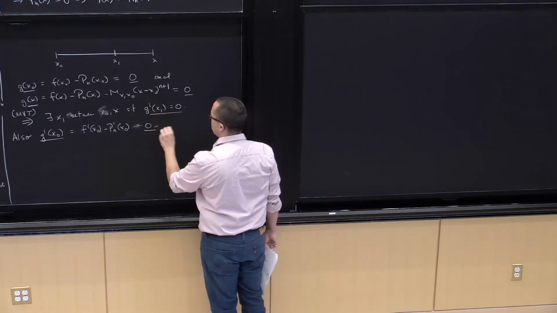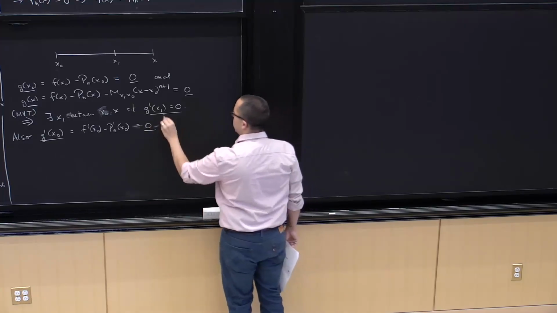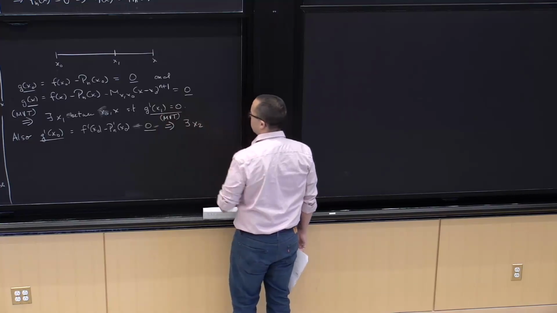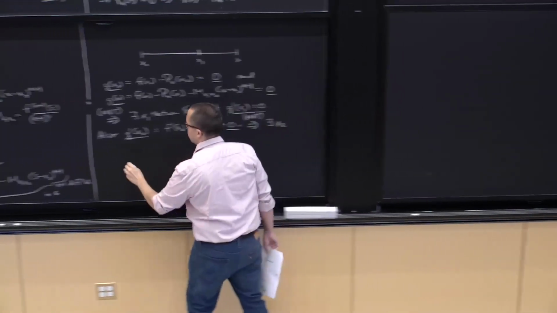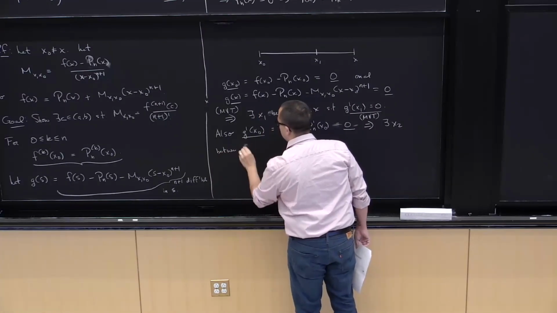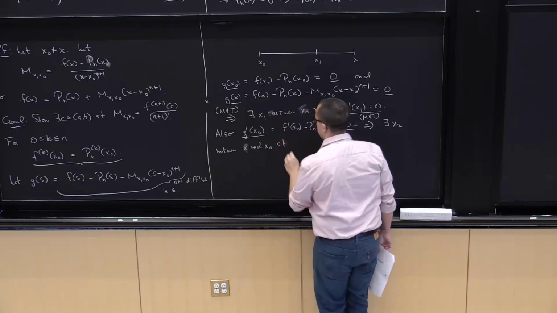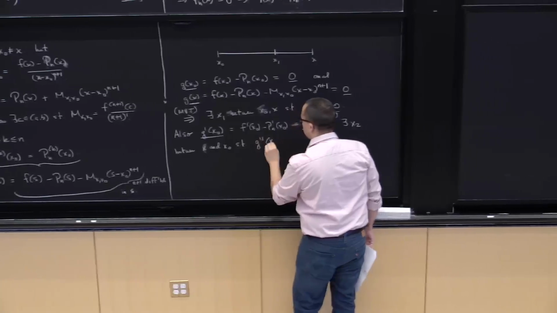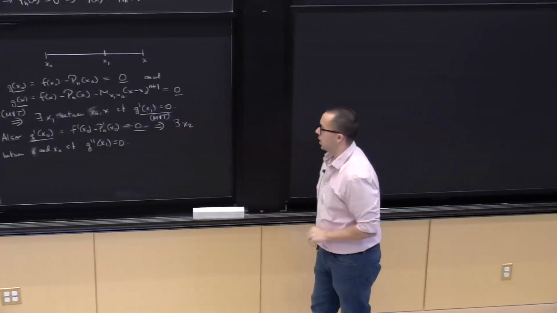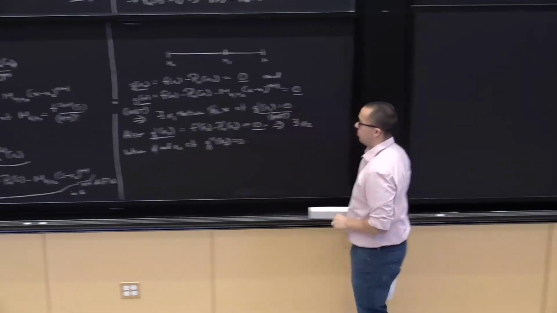And therefore, by the mean value theorem applied again, there exists a point x2 between x and x0 such that the second derivative of g evaluated at x2 equals 0.